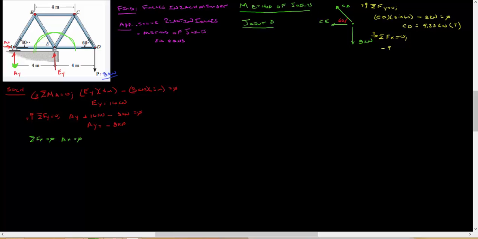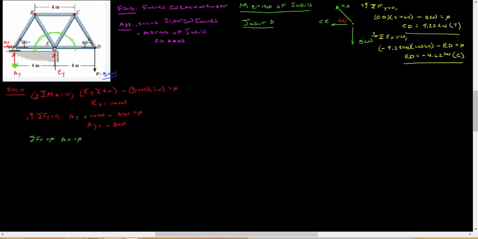So it's a negative 9.23 kilonewtons times cosine of 60 minus ED is equal to 0. So plugging this into my calculator, I take this to the other side. This stays negative, so ED is going to be negative 4.62 kilonewtons. Now this would be in compression.